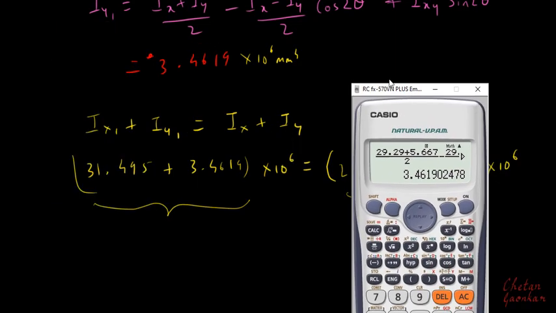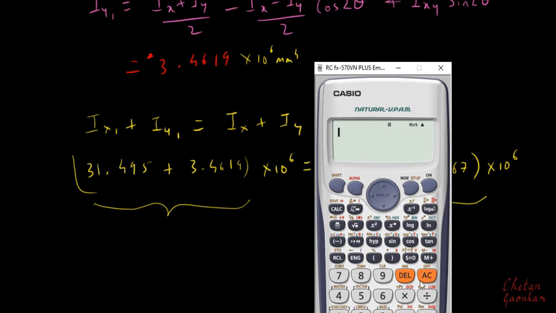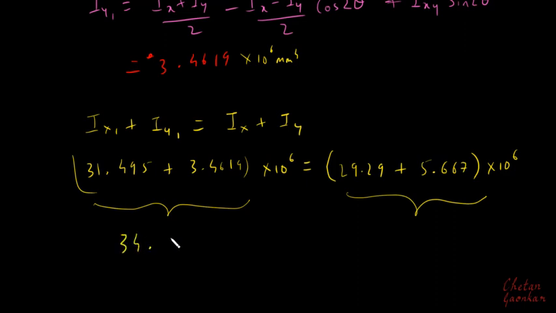On this side, 31.495 plus 3.4619, and adding them I get 34.9569, so this becomes 34.9569 multiplied by 10 to the power 6.